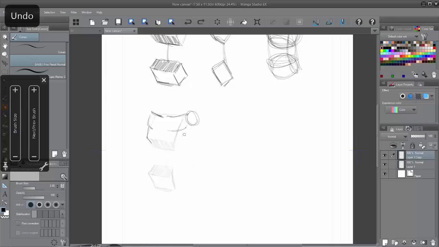Because there's a whole lot of form. It's a three-dimensional shape.